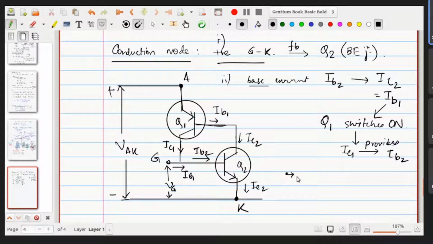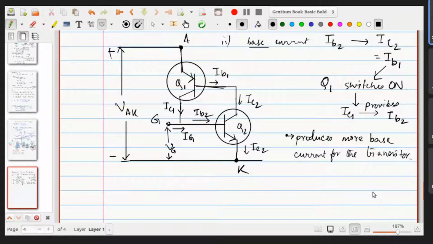The ultimate target is it produces more base current for the transistor than was required, more than needed. So that is being done.